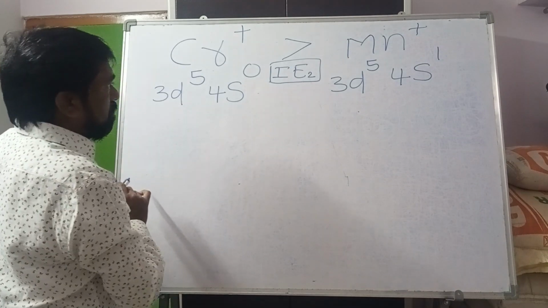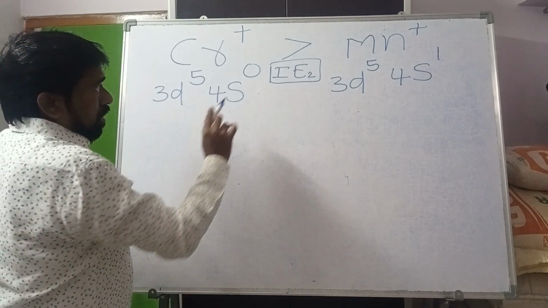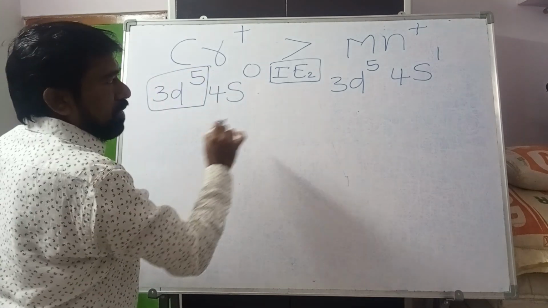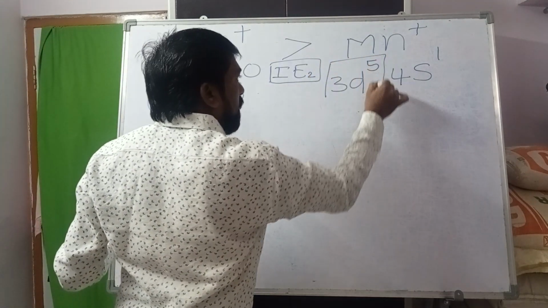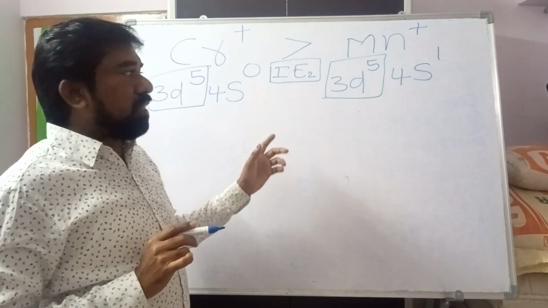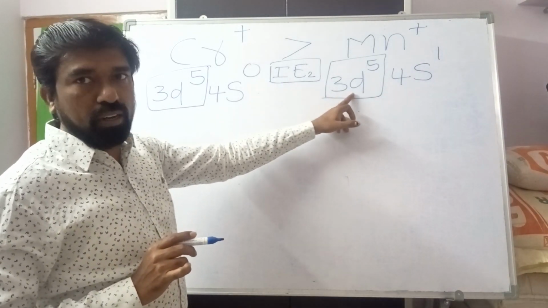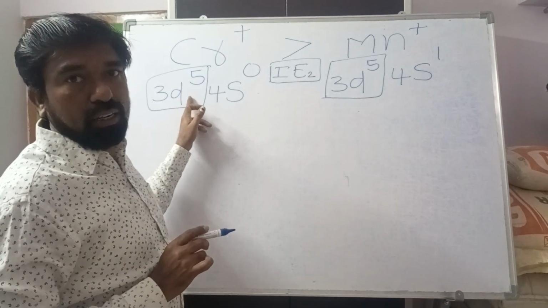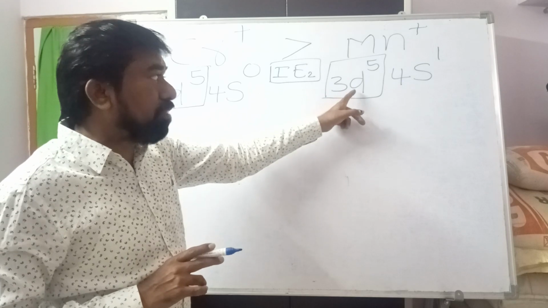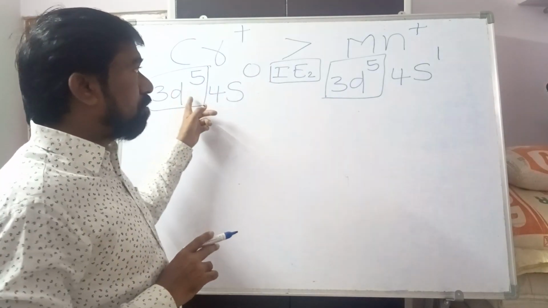Now see here. Both have a d5 electron configuration, a symmetrical configuration in the d orbital. Symmetrical means stable, half-filled, famous stable half-filled.